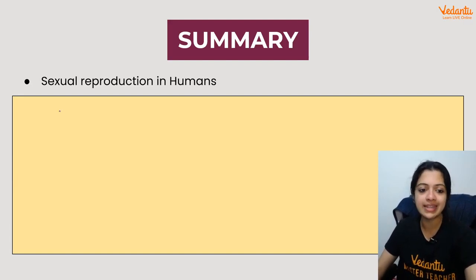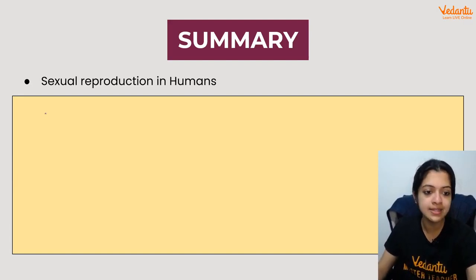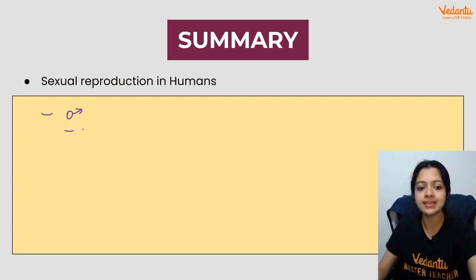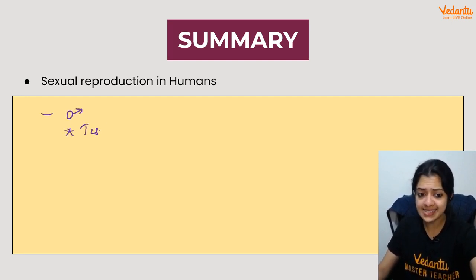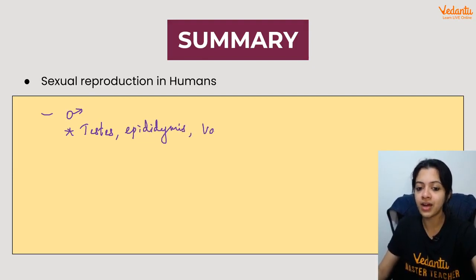Now, let us quickly summarize sexual reproduction in humans. We have spoken about the male system, wherein there are the testes, followed by the epididymis, and then the vas deferens.